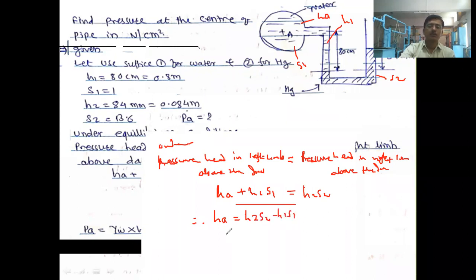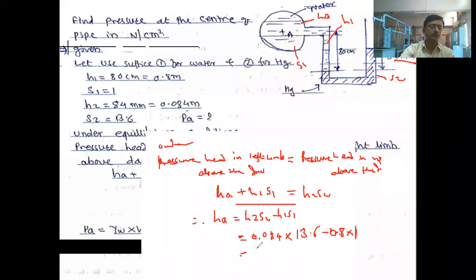Correct. Now here, we have put the values of H1, H2, and S1, S2. H2 was 0.084, S2 is 13.6 for mercury, minus H1 0.8 into S1, which is 1 as it is water.